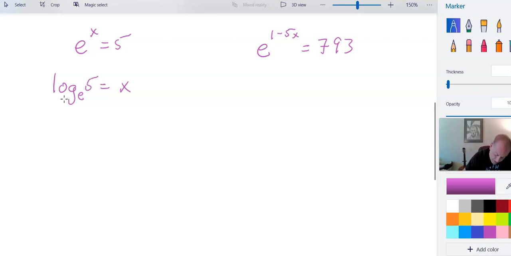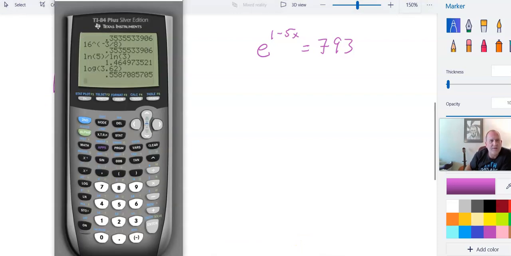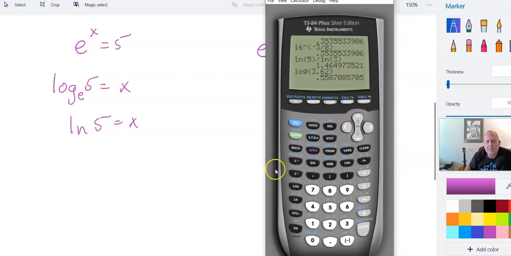Well, log base e is the natural log of 5. So whenever you have an exponential in e, use the natural log. And then the natural log of 5, we can just plug that into the calculator.